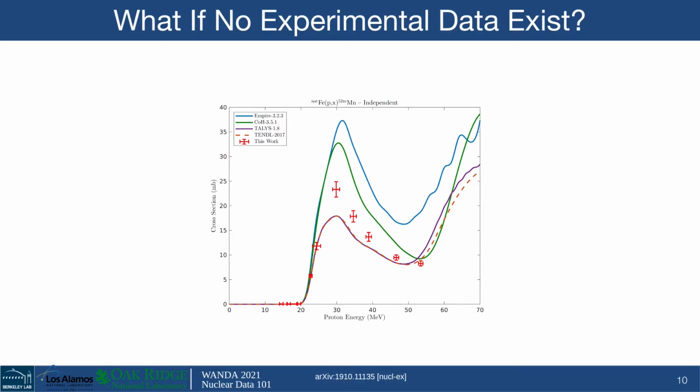In these situations, modeling codes must be used to predict the excitation function in order to design thick targets or to guide the design of a thin target measurement campaign. However, as has been shown in a number of recent papers, modeling efforts using default parameters often fail to exhibit even modest predictive power.